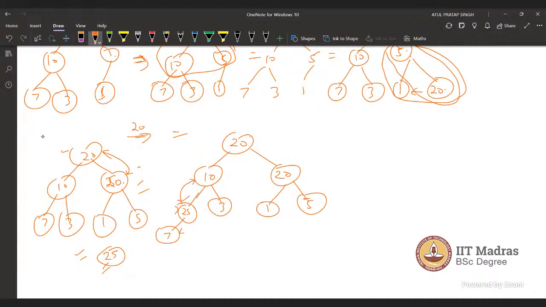This 25 will move up, so it becomes 25 and it becomes 10. Now we check whether 25 is greater than this 20. Yes, so we swap this value. Now 20 comes here and 25 comes here.